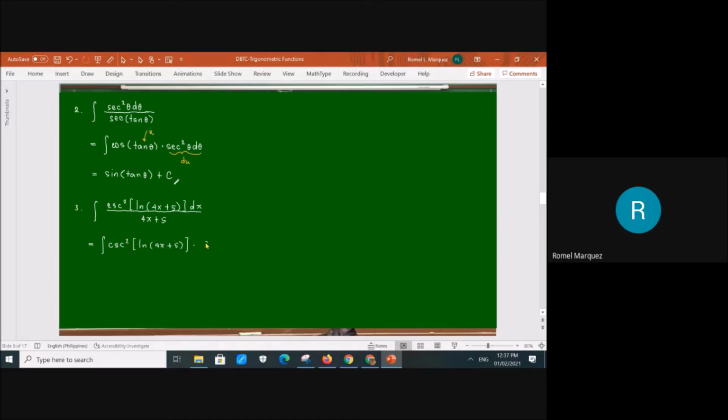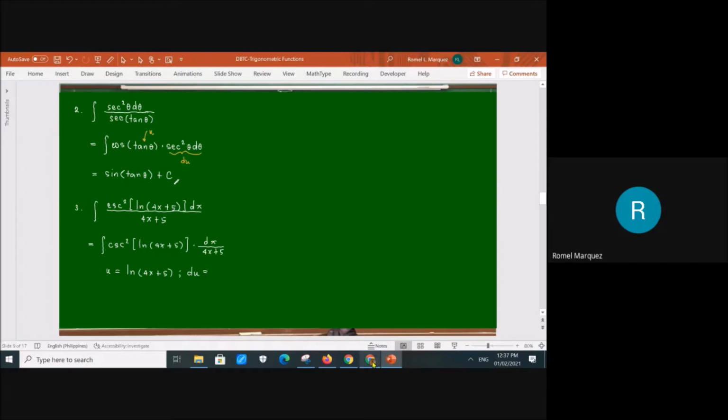Cosecant squared of u, then dx over 4x plus 5. Let's find out if this is its du. So what is our u? We take it ln of 4x plus 5. Okay? What is the du, guys?